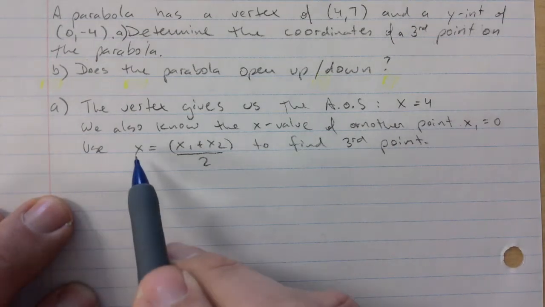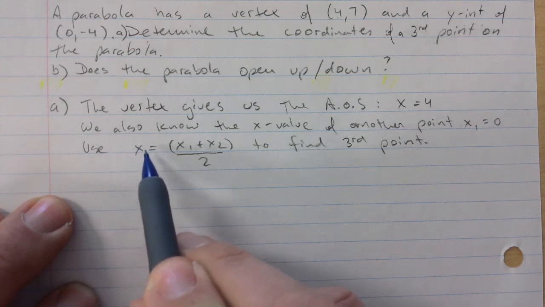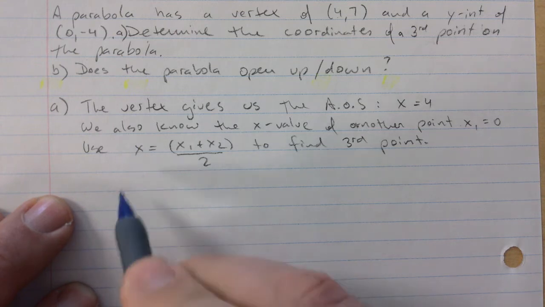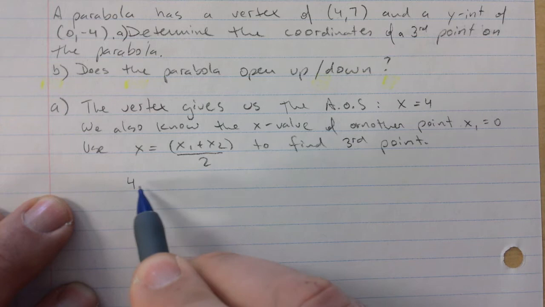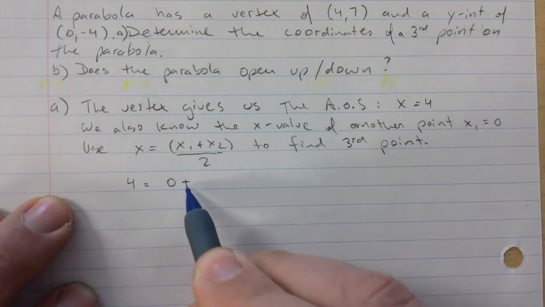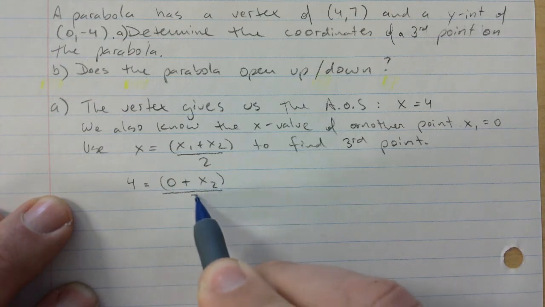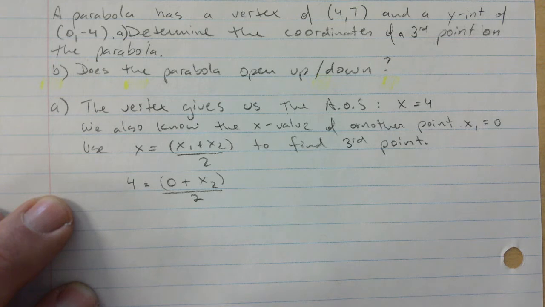Okay, so we're going to substitute in. X is always the axis of symmetry, which is given to us by the vertex. So we know that this is 4, and x1 in this case I chose to be 0. I don't know x2, and I've substituted in whatever I could.